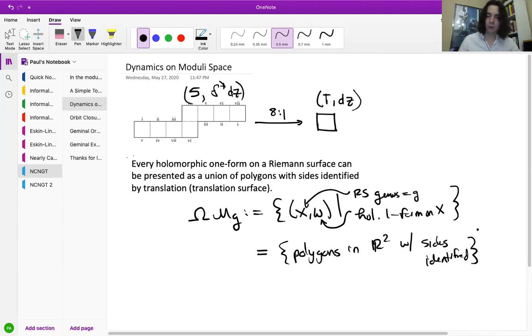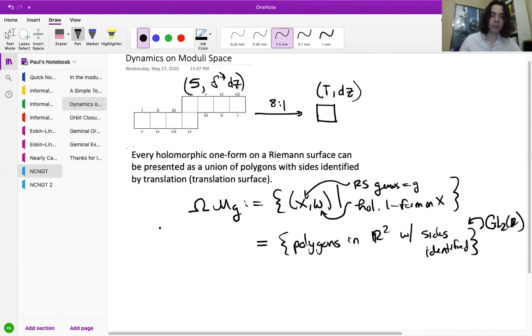And quite nicely, since polygons in R2 are in R2 in this construction, there's a GL2R action on R2, which in turn induces a GL2R action on this space of holomorphic one-forms on Riemann surfaces. So this means that its moduli space, or the collection of all examples of this object, admits a GL2R action.